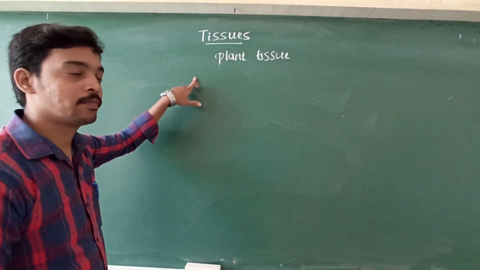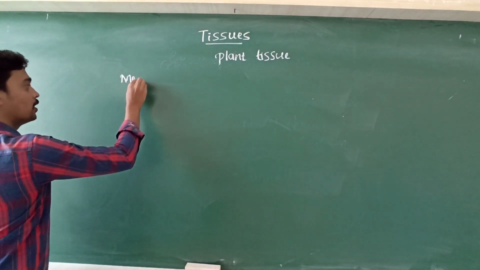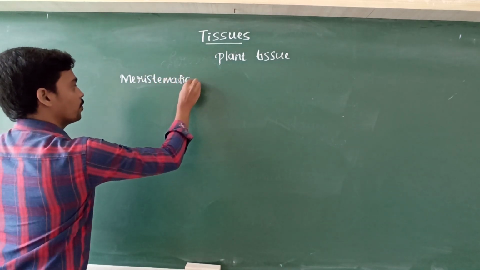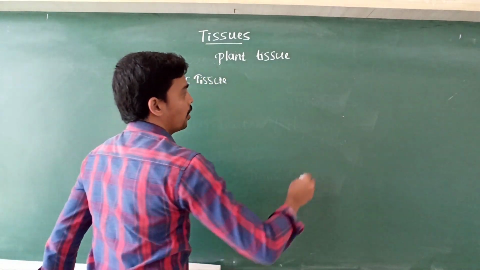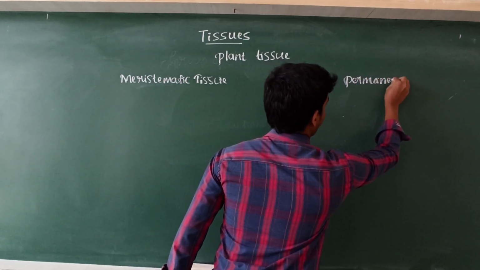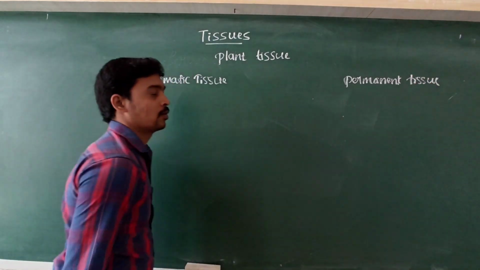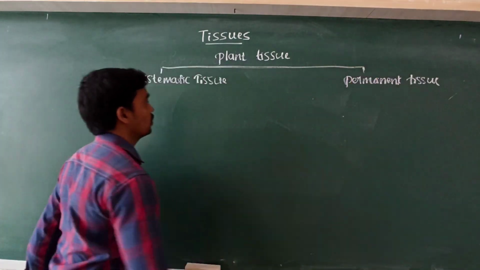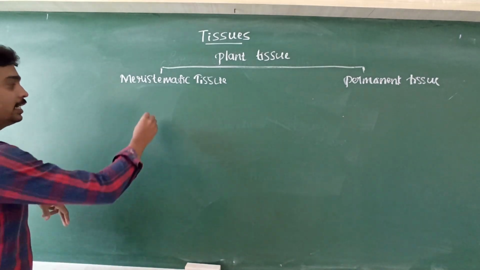The plant tissue is broadly classified into two types, that is meristematic tissue and permanent tissue. Again, in meristematic tissue there are three types.